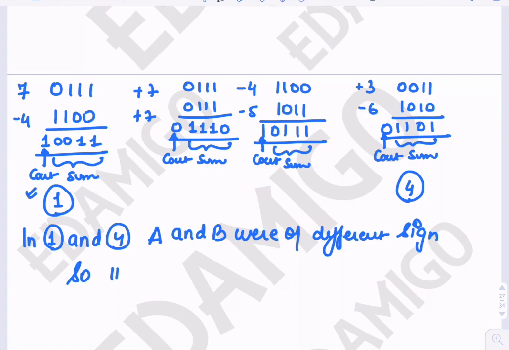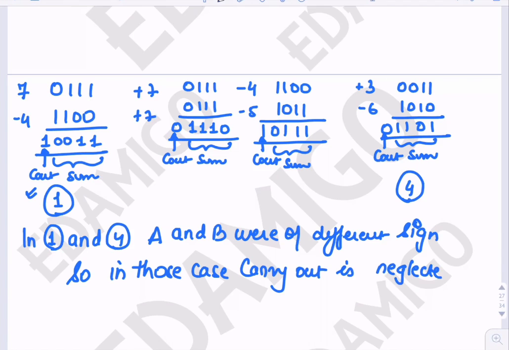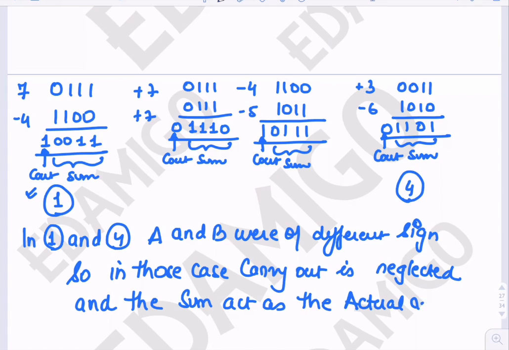So in those cases, carry output is neglected and the sum acts as the actual result. So we will neglect this and we will keep this as the result.